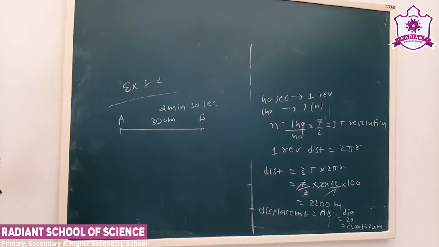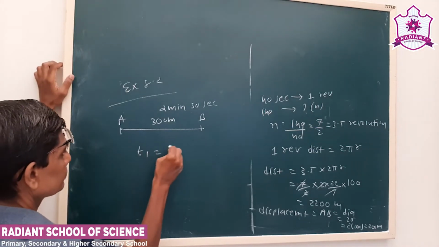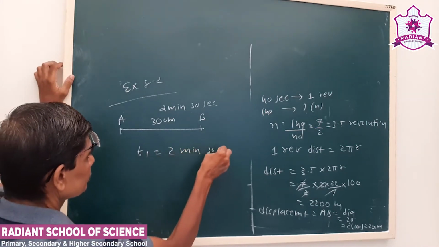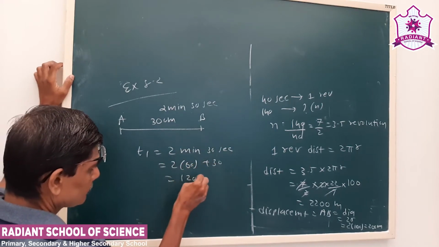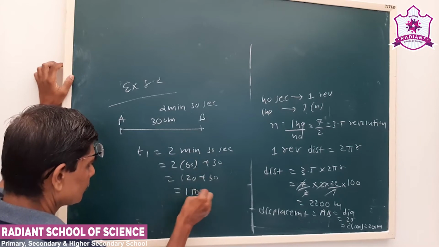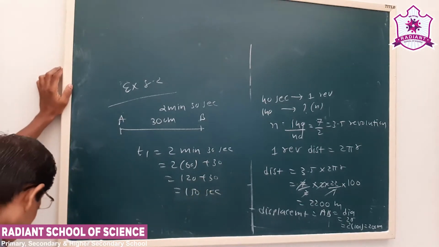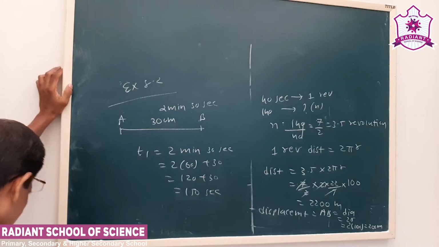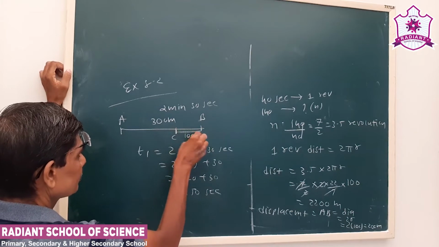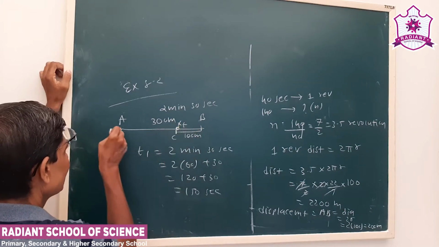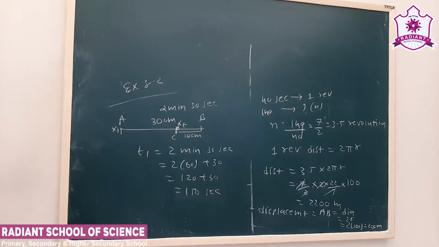First we have to convert it into seconds, so 2 minutes and 30 seconds is T1. Then he turns around and jogs 100 meters back to the point C. So this is your XF and this is XI. 100 meters in 1 minute.